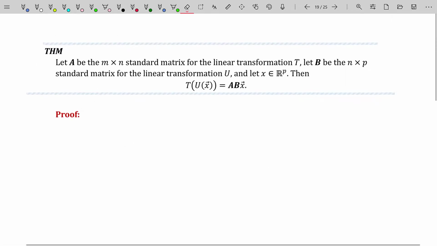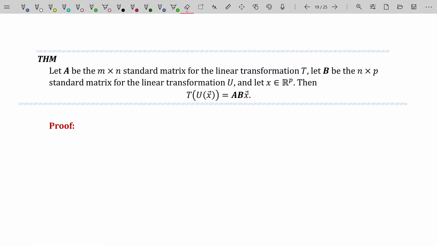Before we leave this video, I want to remind you of something from our previous work, specifically transformations.